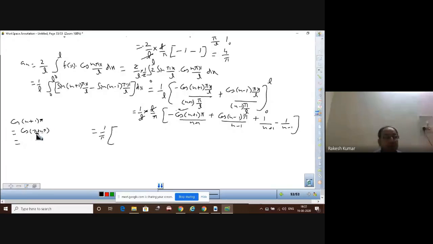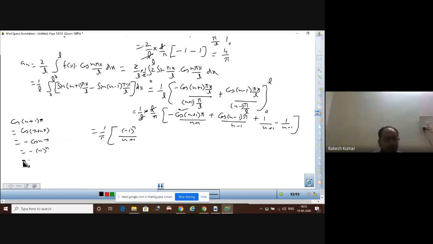Clearly it is in the third quadrant, and in the third quadrant cos will always be negative. So negative cos of n pi, and it will be minus 1 raised to n. So this minus and this minus will give you plus, minus 1 raised to n over n plus 1.